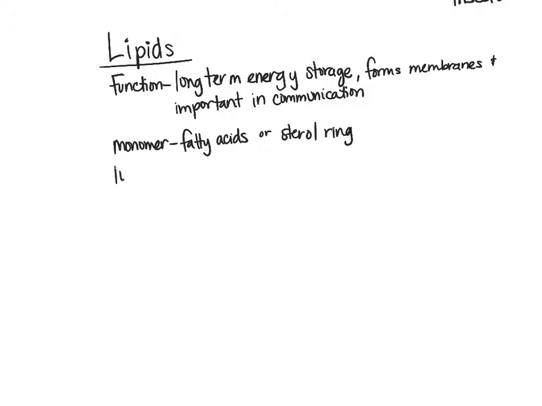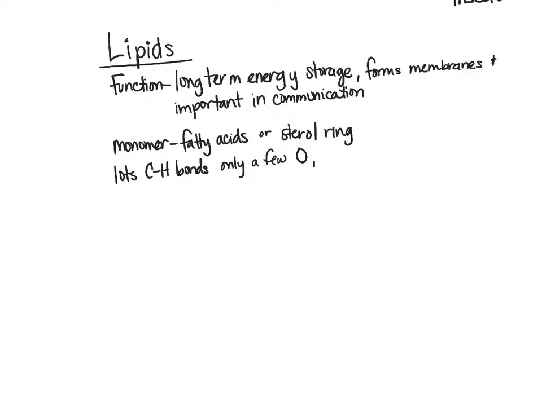Our lipids have lots and lots of carbon-hydrogen bonds, and only a few oxygens. Unlike carbohydrates, where we had lots of hydroxyl groups, lots of carbons, lots of hydrogens, and lots of oxygens, our lipids are mostly made up of carbon-hydrogen bonds and only a few oxygens.